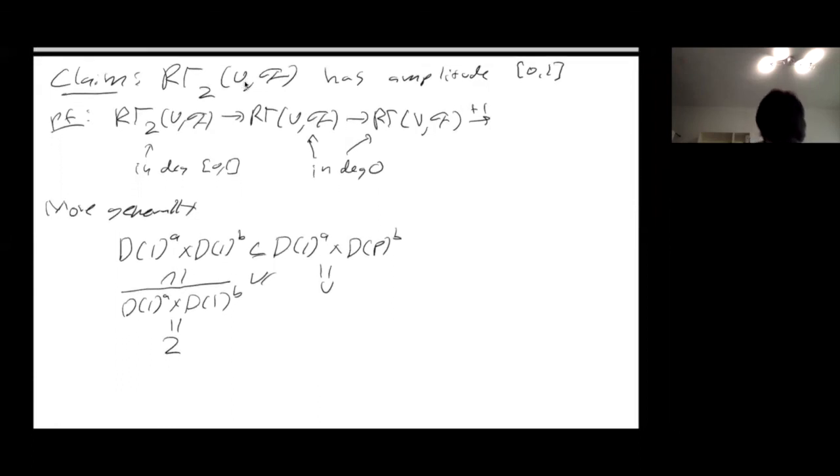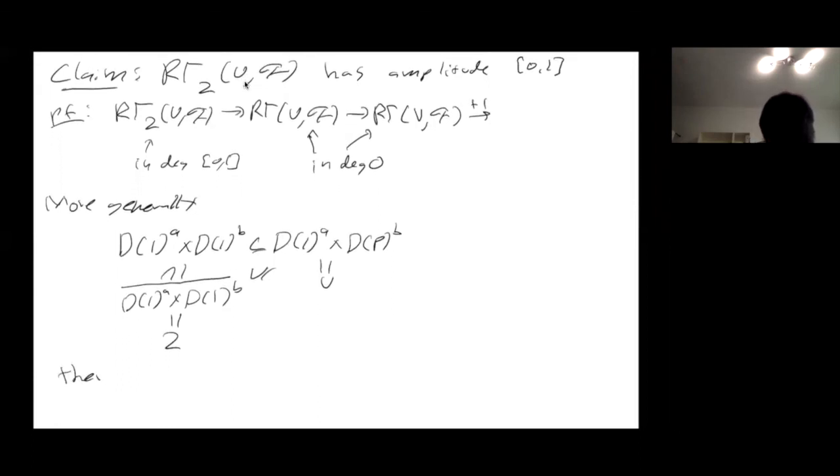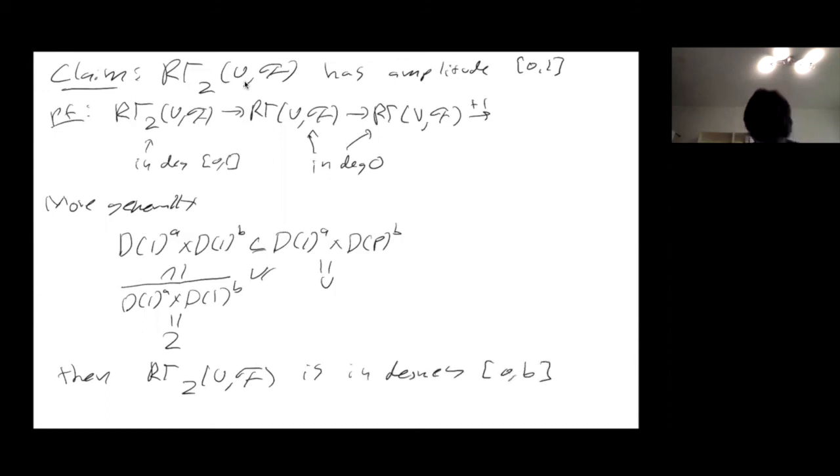And now what's going to happen? This cohomology with support is in degrees 0 up through b. And the way to see this is we're going to use this triangle.